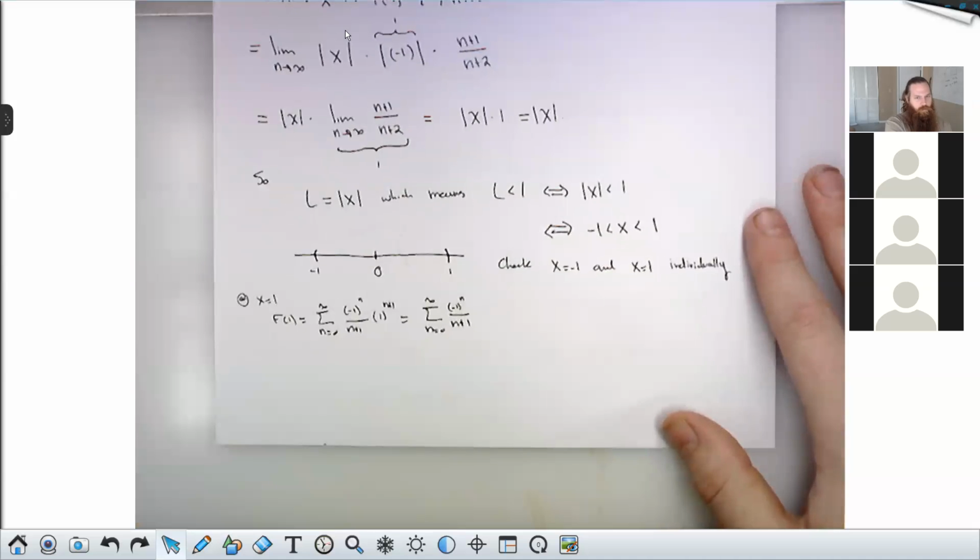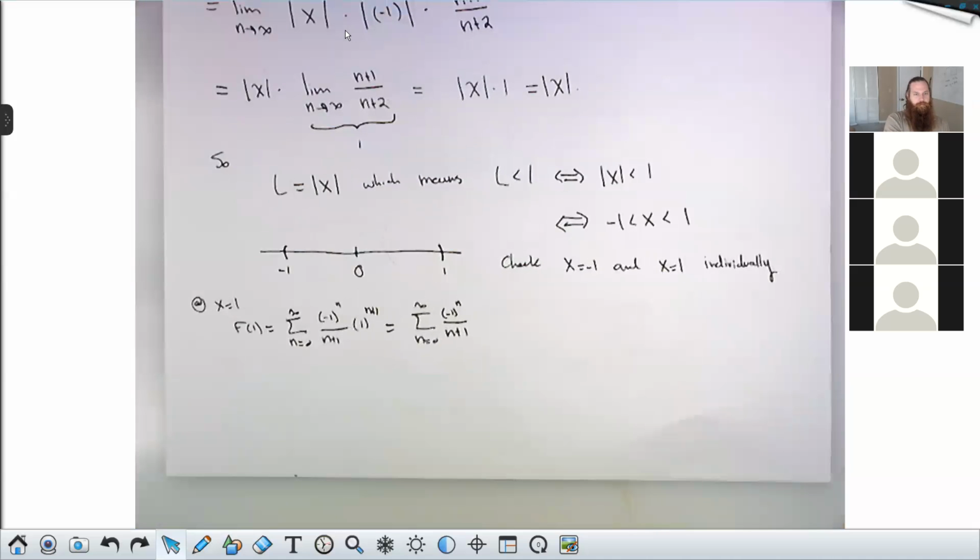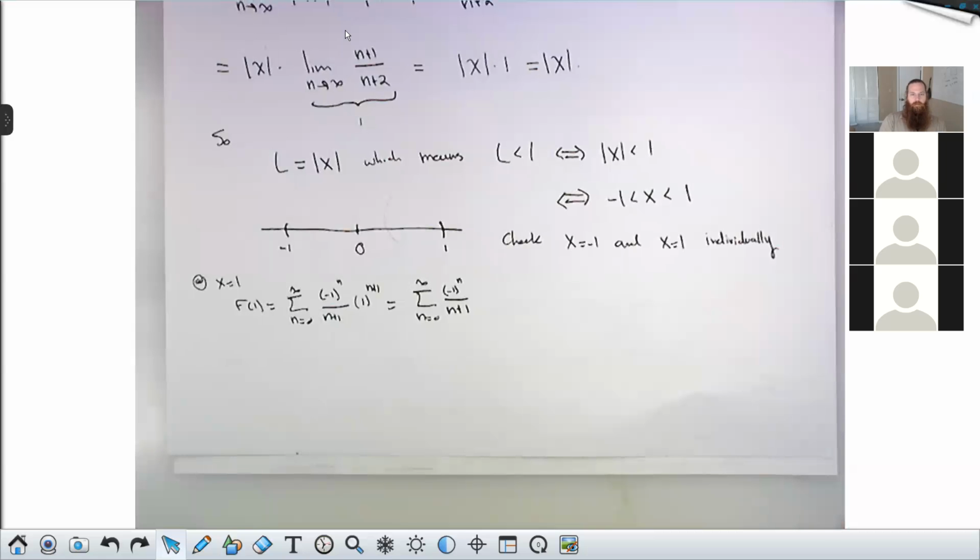Does this series converge or diverge? Taking all bets. What do we think? You can guess. There's no harm in guessing. I'm curious what you guys think.